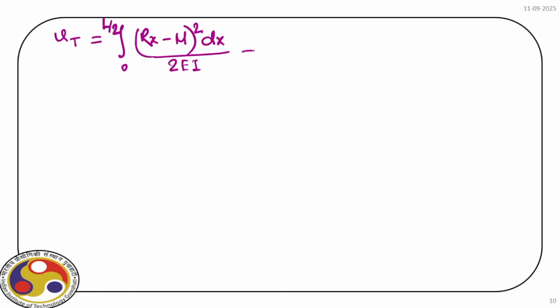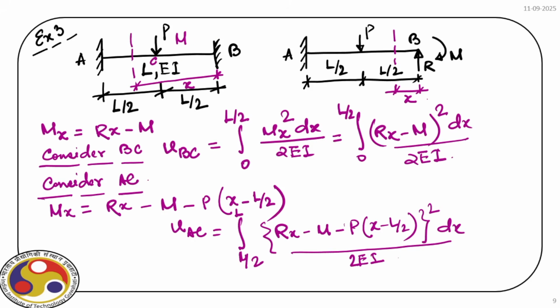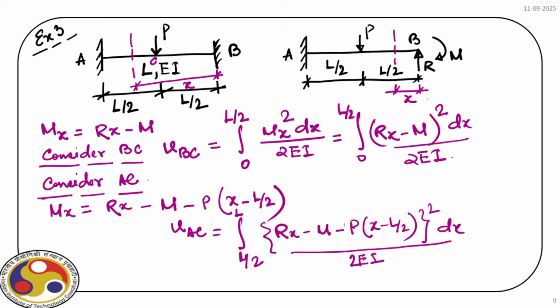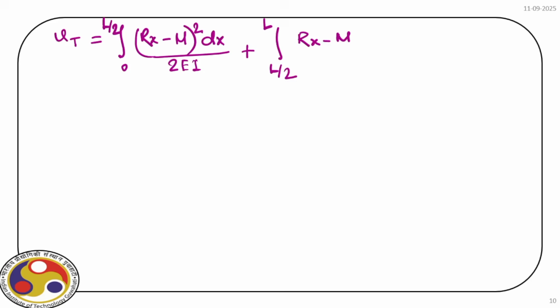And the second part is L by 2 to L, we have Rx minus M minus P times x minus L by 2, square of this quantity times dx divided by twice EI.